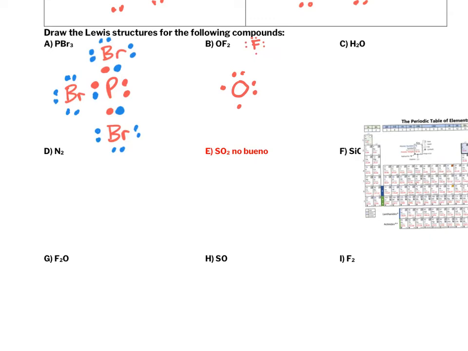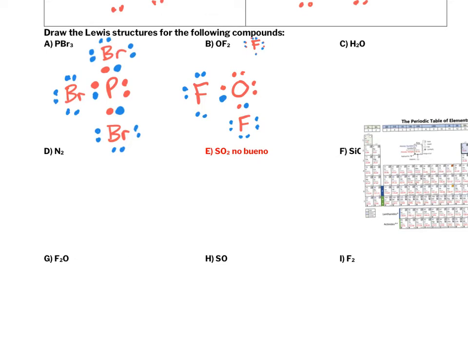Maybe we should make those blue again. Like that, blue. So we're going to have 1 fluorine with its loner shared, and then its unshared pairs on the outside. The other fluorine will be 1 shared pair and the rest on the outside. All right, there we go.